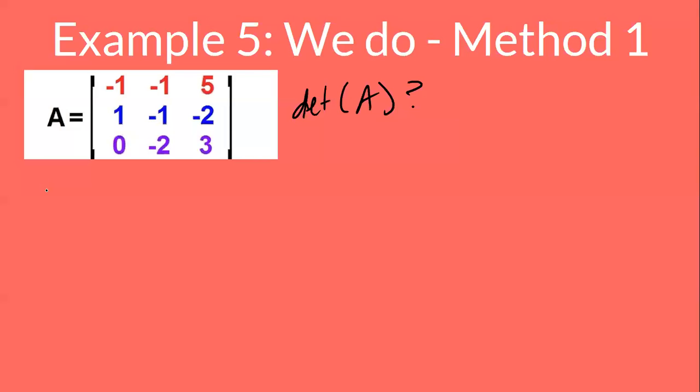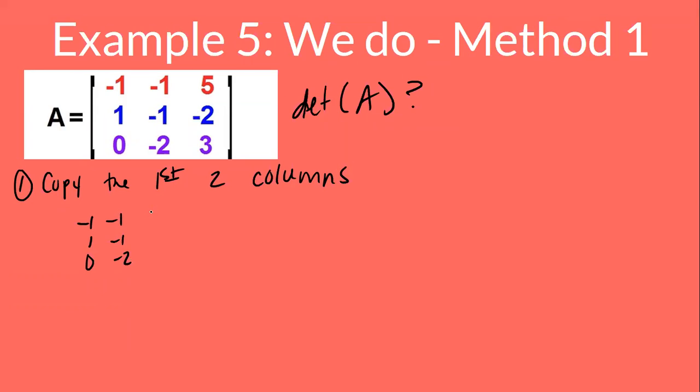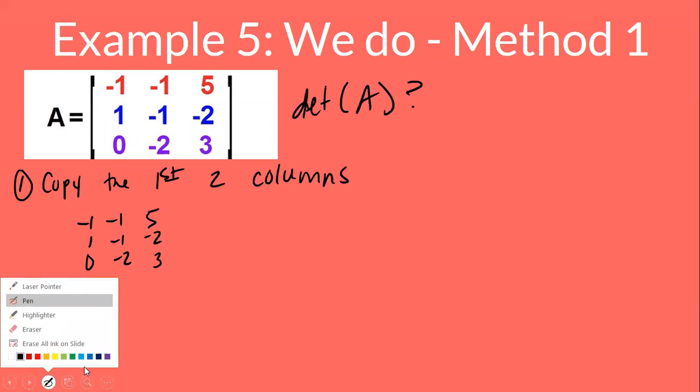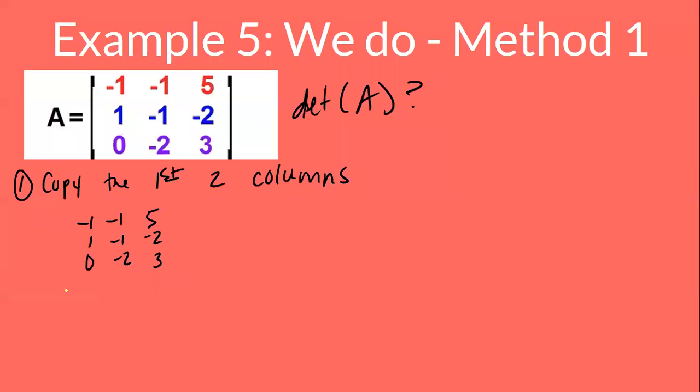We're going to create a larger matrix by copying the first 2 columns. So you're going to have negative 1, 1, 0, negative 1, negative 1, negative 2, 5, negative 2, 3. And you're going to copy the first quadrant. So I'm going to rewrite negative 1, 1, 0, negative 1, negative 1, negative 2.